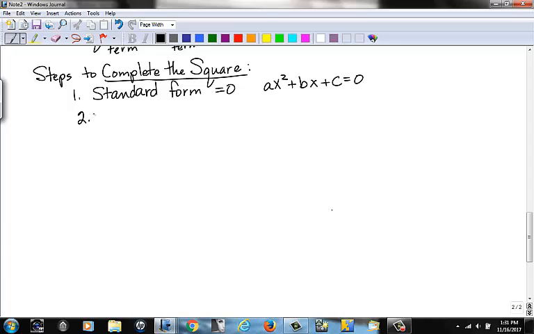Second step, you divide by a on both sides of the equal sign.